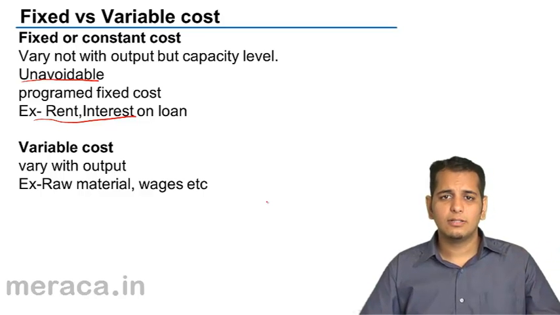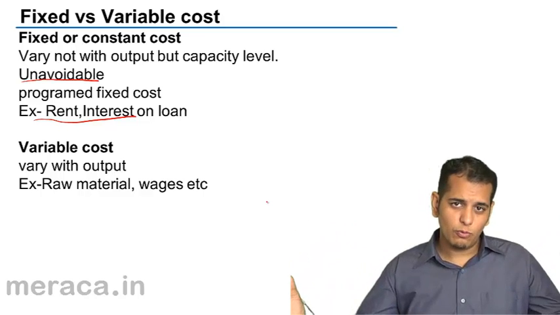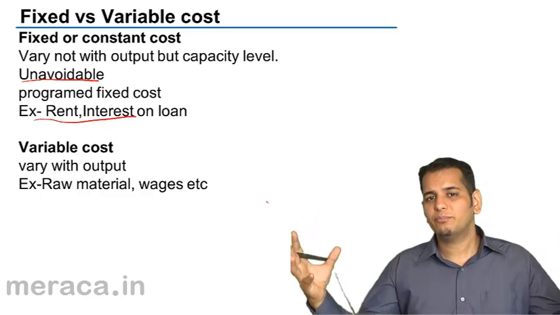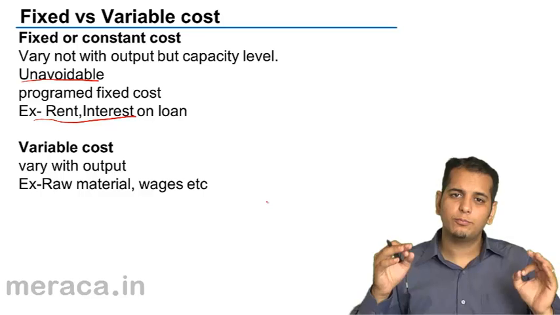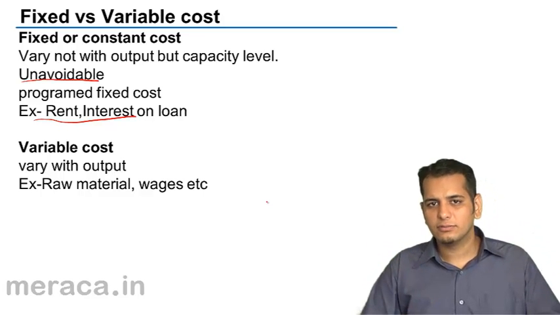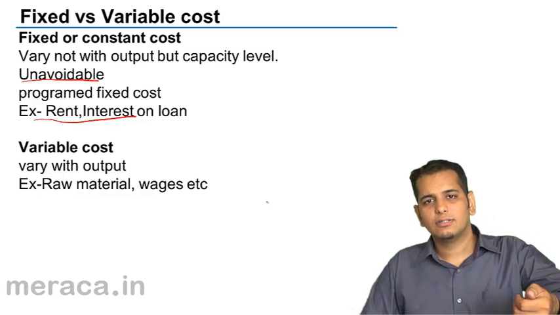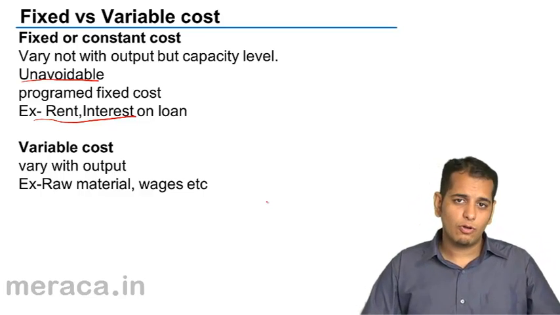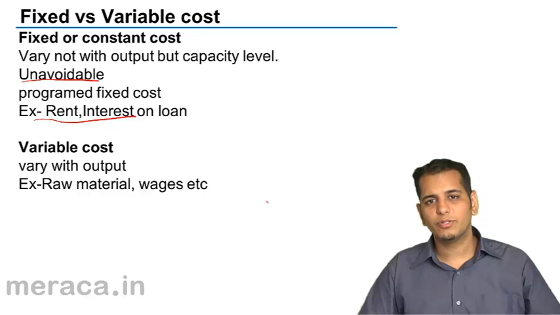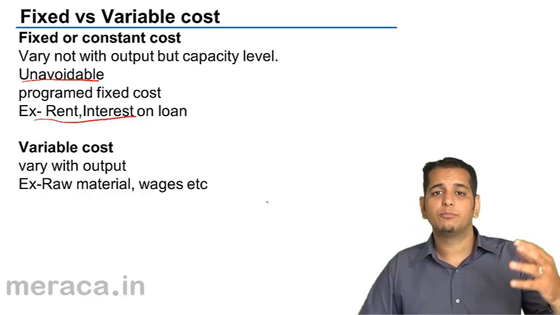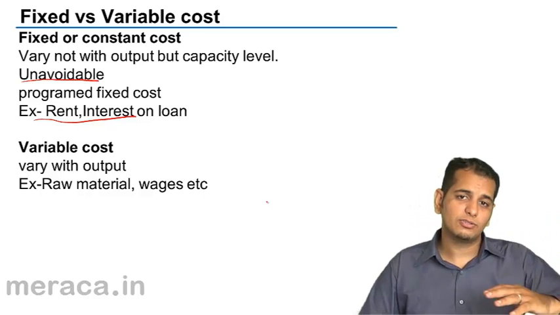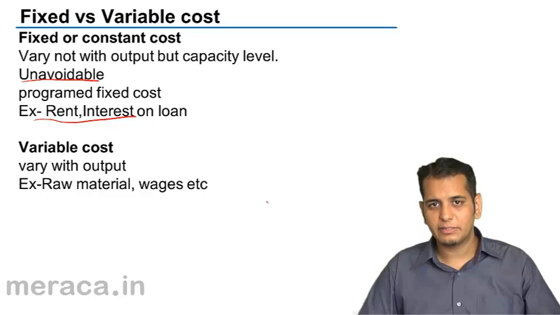For example, if you want to increase your production, you will have to purchase more raw material. Your production is a direct function of raw material. It gets converted from the raw material. Your production is directly related to raw material.